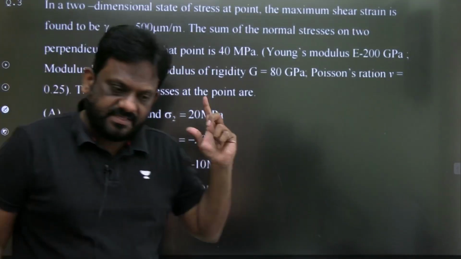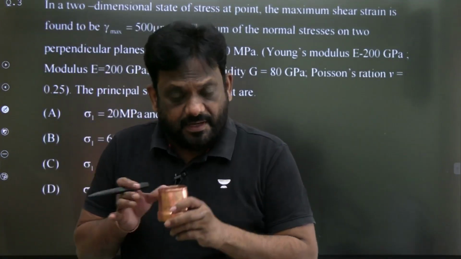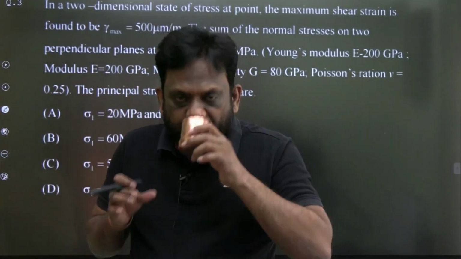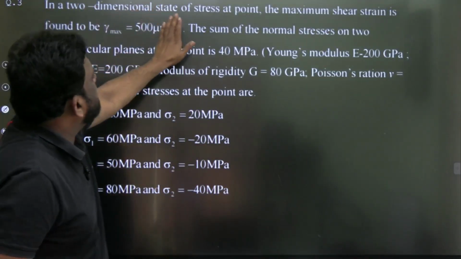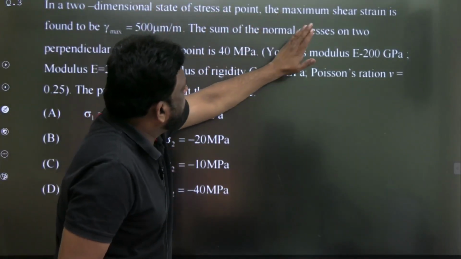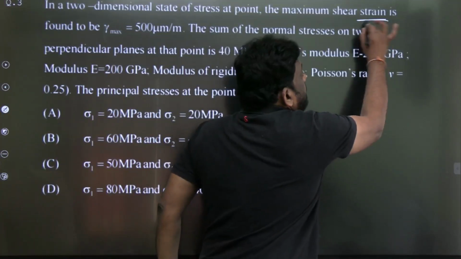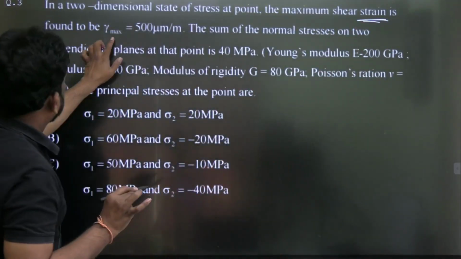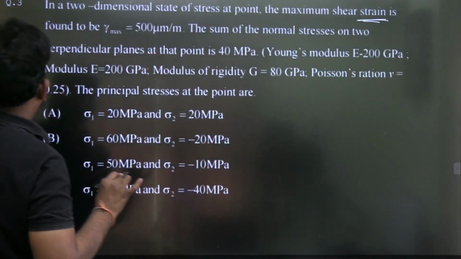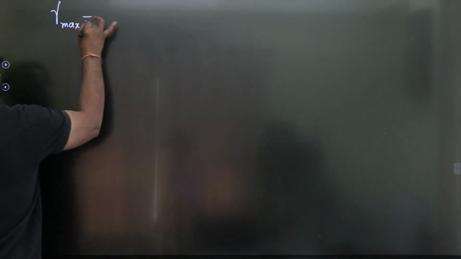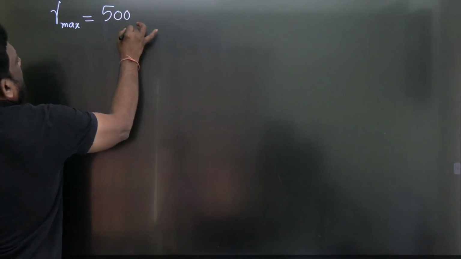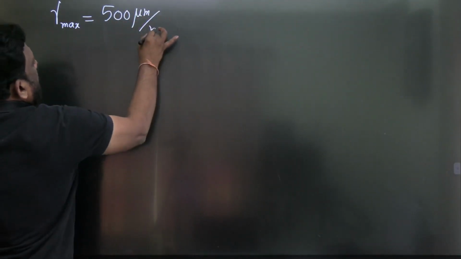Take this question. Please read the question. Without wasting time, let's read this. Now, in a two-dimensional state of stress at a point, the maximum shear strain, it's not stress, is found to be 500 micrometer per meter. So gamma max, the maximum shear strain, is 500 micrometer per meter.